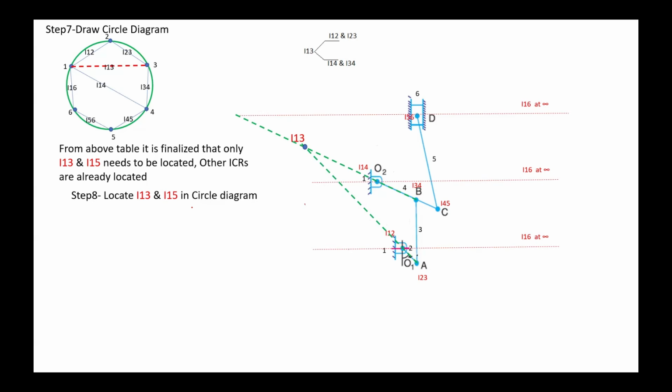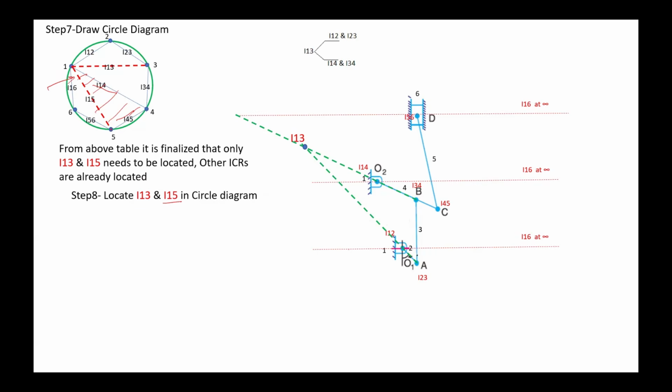After locating the I13, we have to locate the I15. To locate the I15, we have to join the 1 and 5. So I have joined this 1 and 5, and I have just checked the triangles of that 1, 5. One triangle is made by the sides 1, 4 and 4, 5.